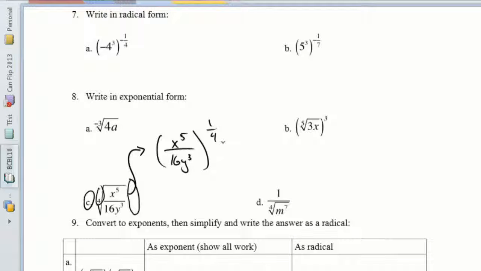Now at this point I'm going to multiply all of my exponents inside my brackets by this power of 1 over 4. So I'm going to get, maybe I'll show this in 2 steps, x to the 5 over 1 times 1 over 4 on the top, 16 to the power of 1 over 4, and y to the power of 3 over 1 times 1 over 4.